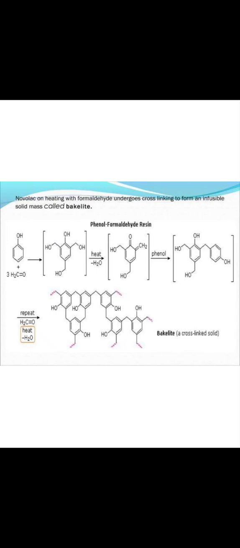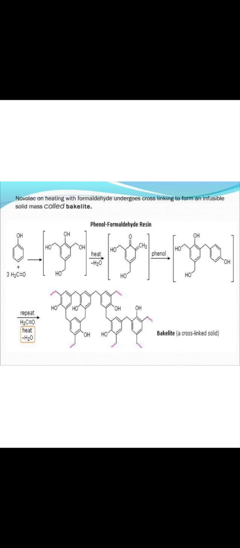The formaldehyde, on reaction with novolac, undergoes cross linking to form an infusible solid mass, which is called bakelite. And we can see the very important chemical reaction involved in the formation of cross-linked solid bakelite from phenol and formaldehyde.